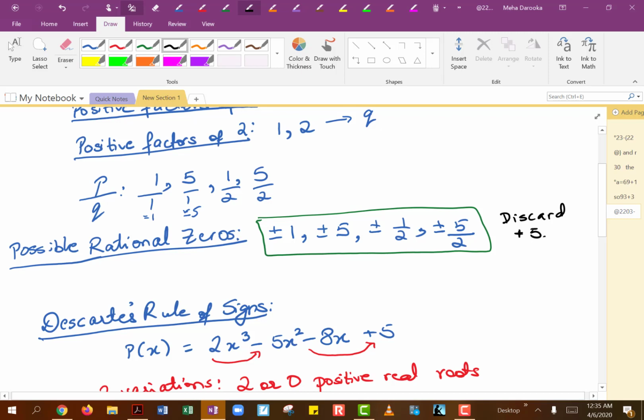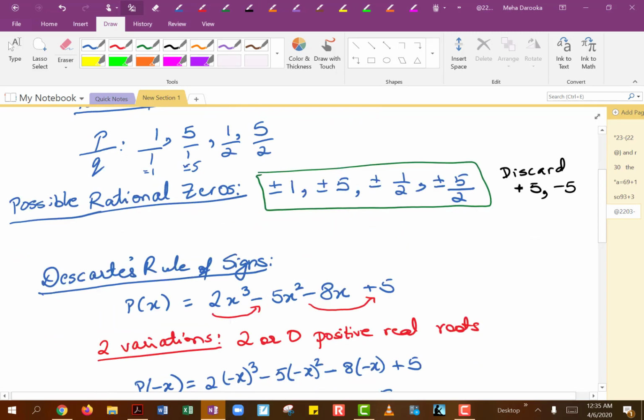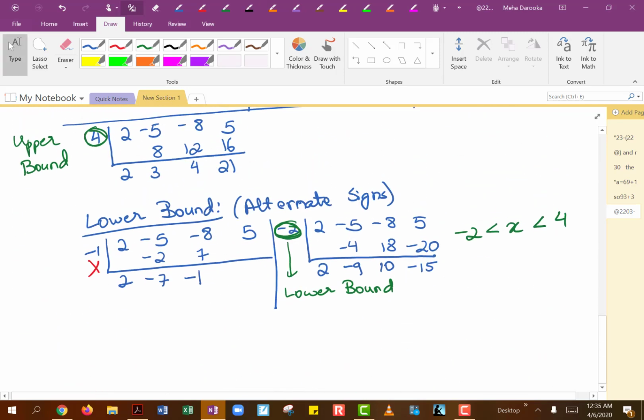So you can actually discard negative 5. Negative 1 we can keep. Negative and positive 5 are both gone. Actually, we can keep both positive and negative 1. Because remember, your numbers have to be between negative 2 and 4. And actually, they can be including negative 2 and positive 4.